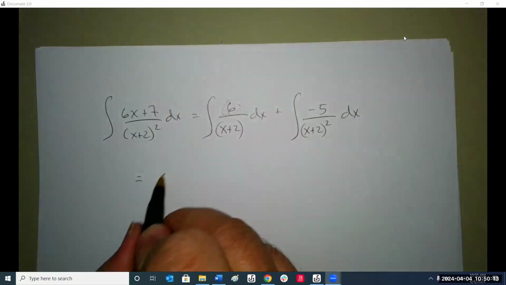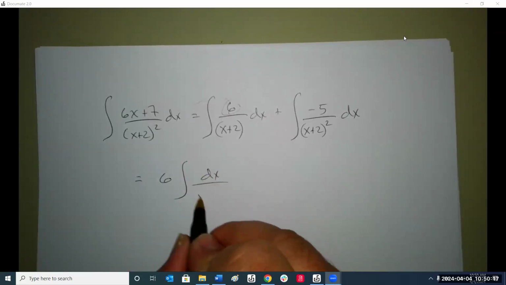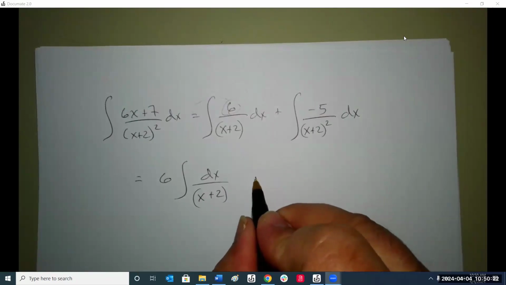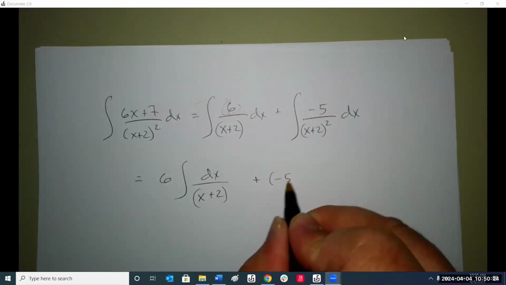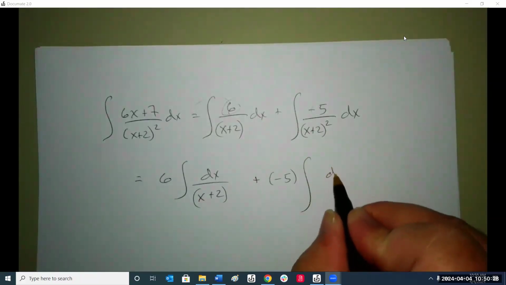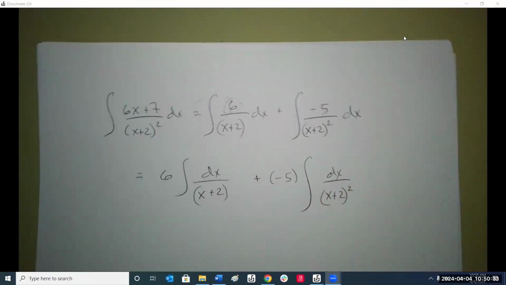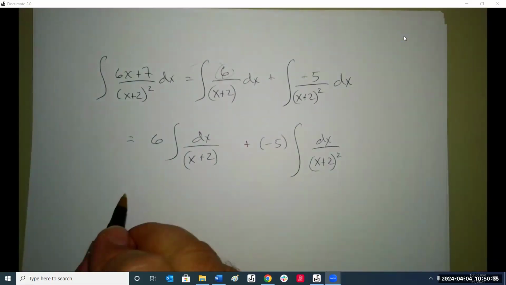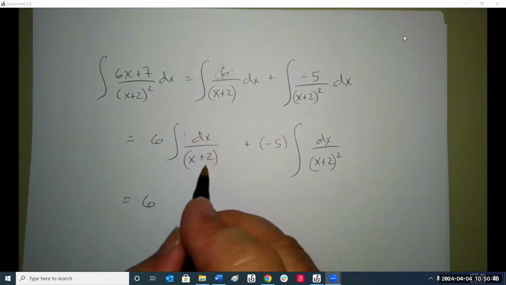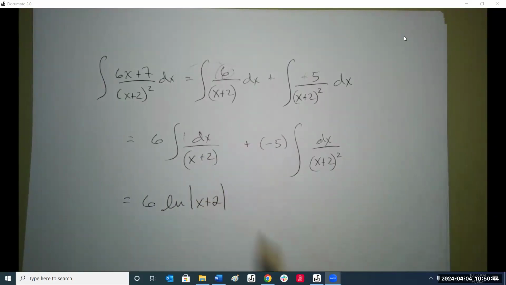Six is the coefficient. -5 is a constant, so it goes up in front. Now we integrate. This is 1 over that, so I can make it 6 ln |x + 2|.